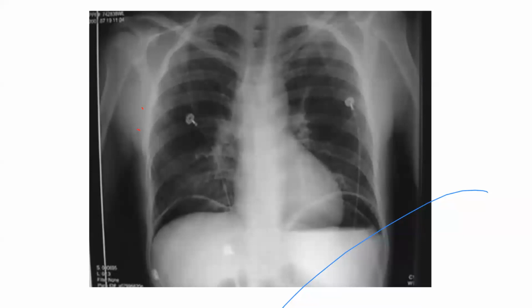Do you know proton pump inhibitors? Yes.